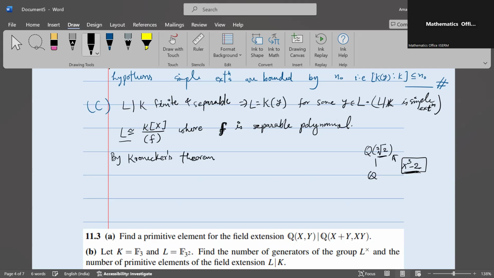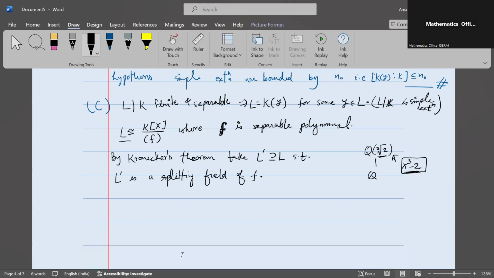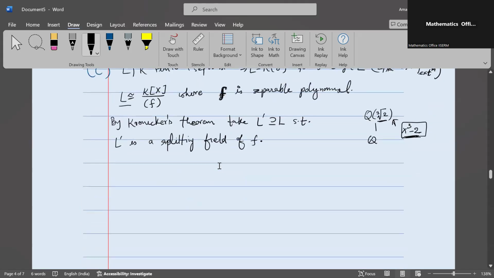Take L prime, which contains L, such that L prime is a splitting field of F. Then the intermediary fields between L prime and K are bounded by this number.